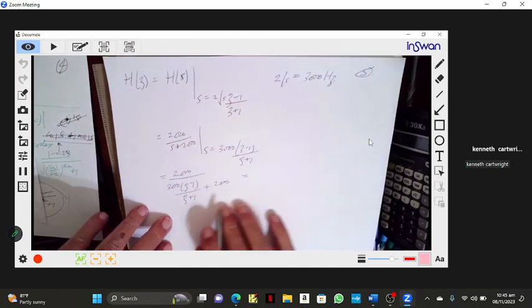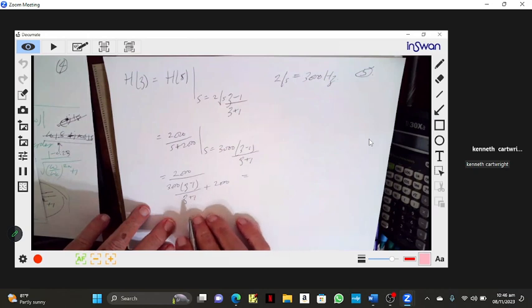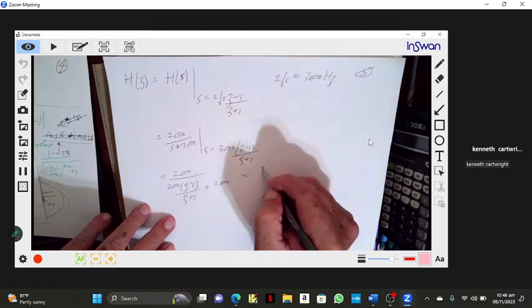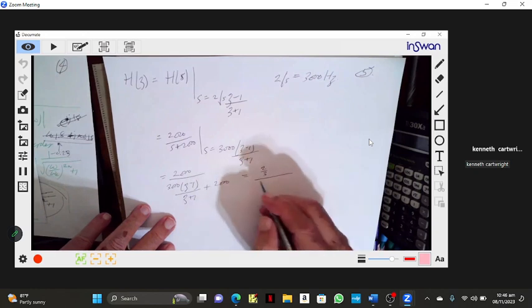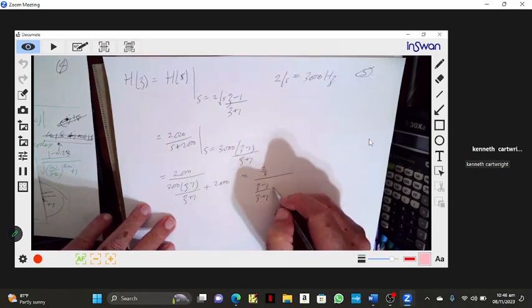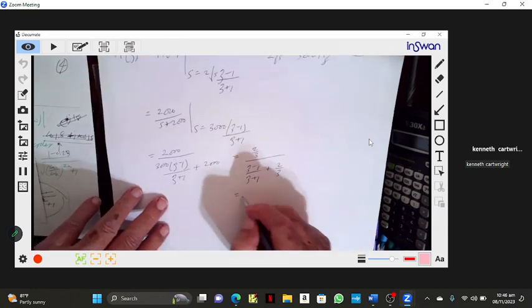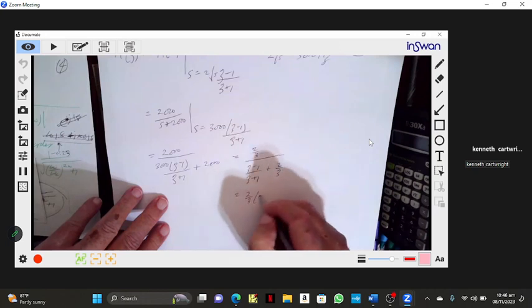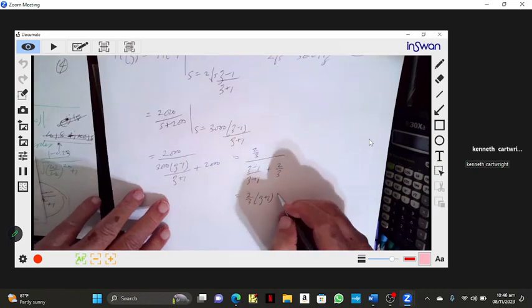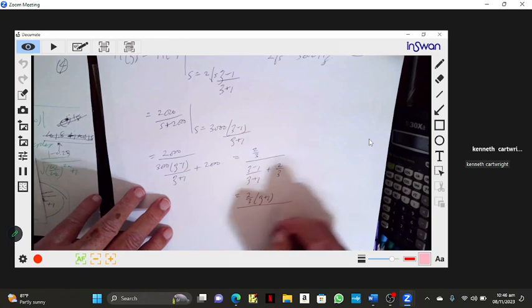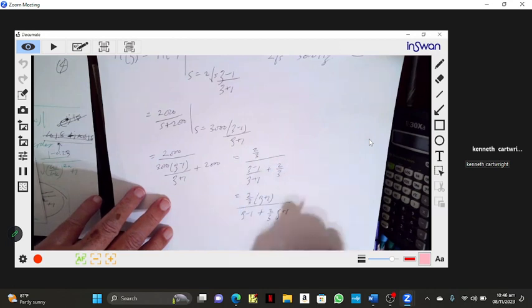The first thing we can do is divide top and bottom by 3,000. So top becomes 2/3, over Z minus 1 over Z plus 1, plus 2/3. So this is 2/3 times Z plus 1, over Z minus 1 plus 2/3 times Z plus 1.